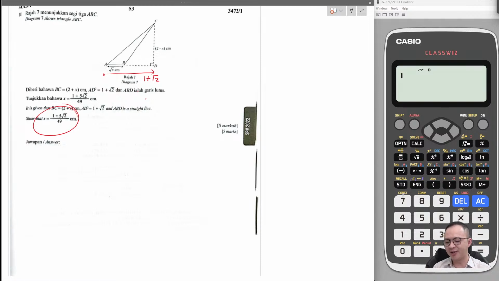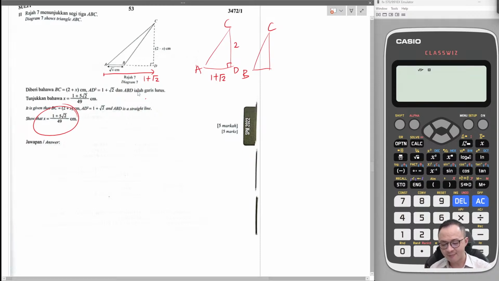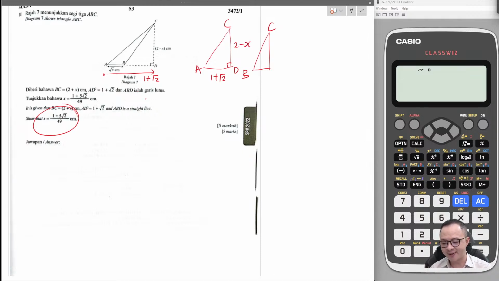You should be able to see we have two triangles here, one smaller, this is AC, and this is BC. My objective is very simple: I want to find both of the hypotenuses and then hope I can solve from there. So this one is D, I know here is 1 plus x, and this is 2 minus x. I think I can find AC easily.